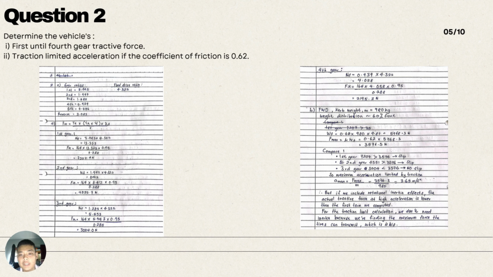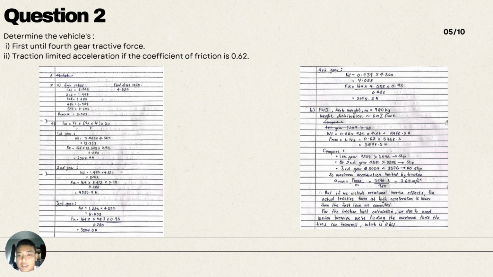So the F max is equal to 0.62 times 5,768.3, and it equals 3,576.3 Newton.